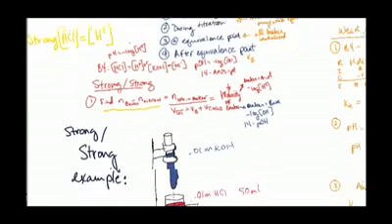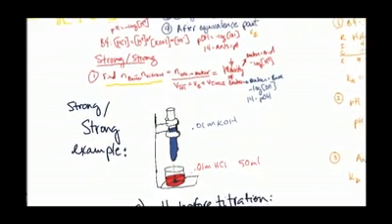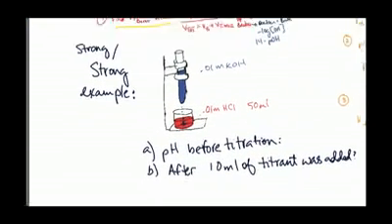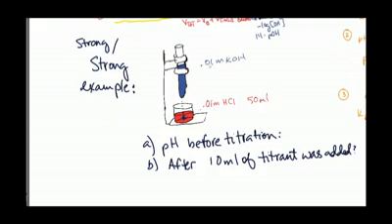So, we have a scenario in which we have 0.01 molar potassium hydroxide being titrated into 50 milliliters of 0.01 molar hydrochloric acid. We're going to need to find a calculator as well as find the moles of each.